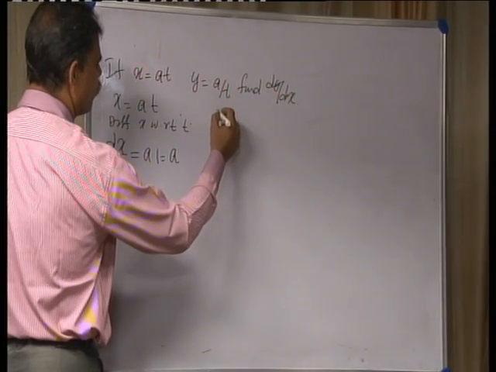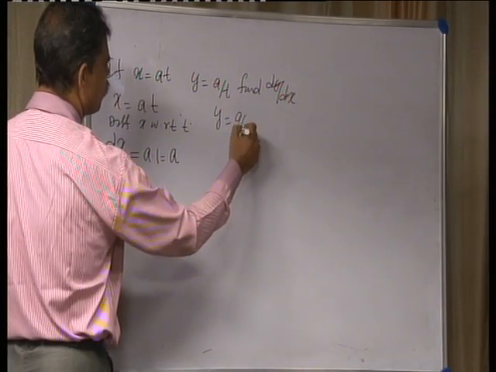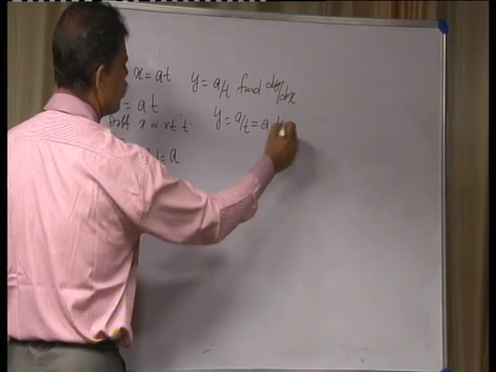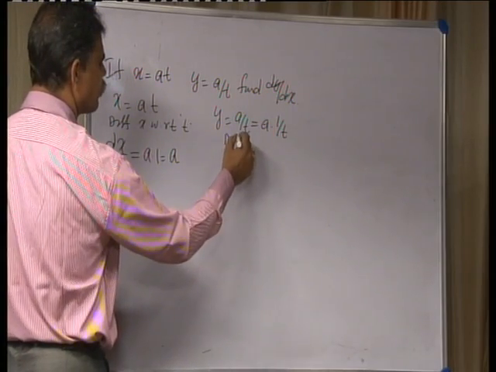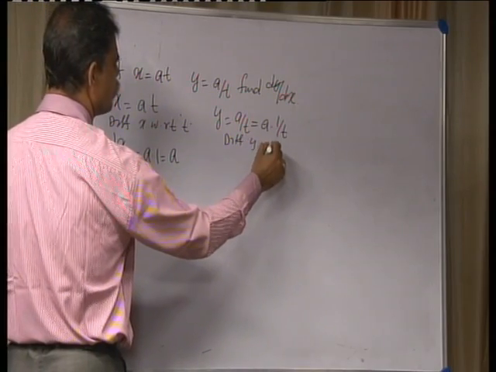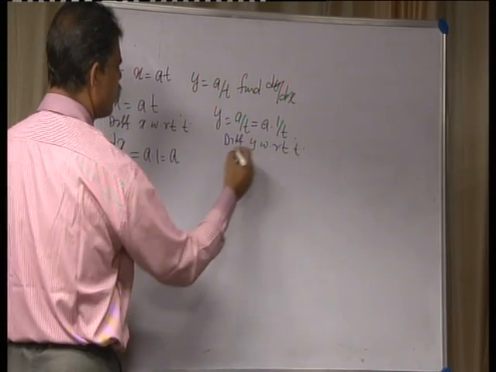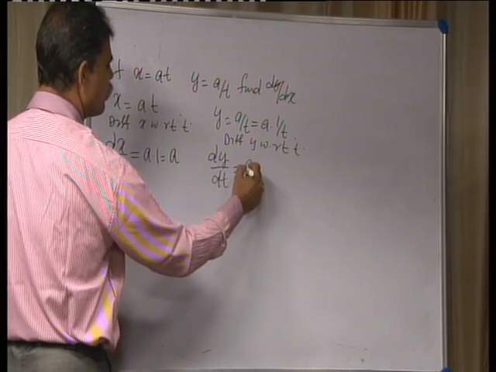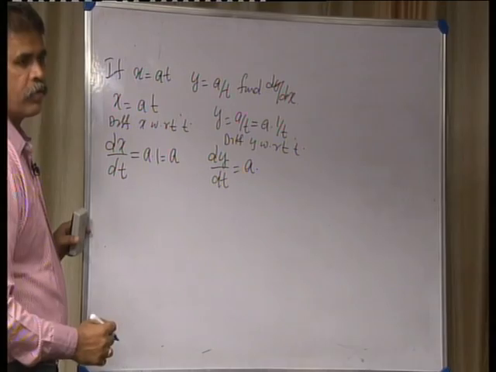Then y, what is y? y is equal to a by t. So, it can be taken as a into 1 by t, right. Differentiate y with respect to t, then we get dy by dt. So, a is constant, keep it as it is, 1 by t.